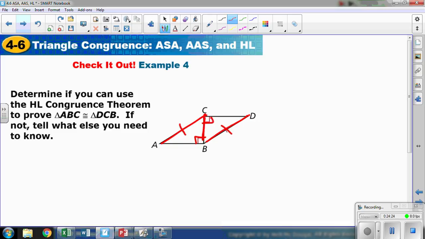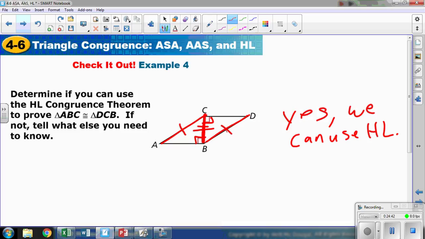And with a shared side, the reflexive or symmetric property will tell us that we've got a pair of congruent legs. So yes, we do. We can use hypotenuse leg. And we're done, because the directions didn't ask us to actually go through and do it. They just said, can you do it?